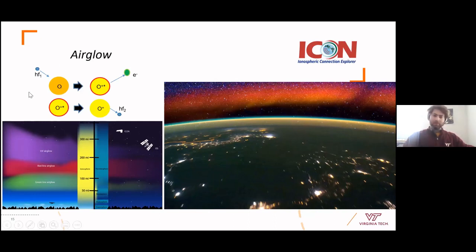So we were talking before about how solar UV can come in and ionize these oxygen atoms, turning them into ions. So we have this depicted on this top line here. A high energy photon comes in and it knocks off an electron. We now have a photoelectron and an oxygen ion. But sometimes if we have a high enough energy photon, not only do we knock off an electron, but we bump one up into a higher energy state, and we now have an excited ion.